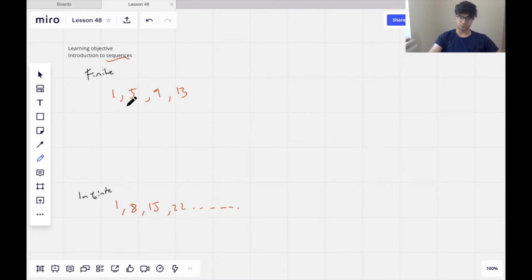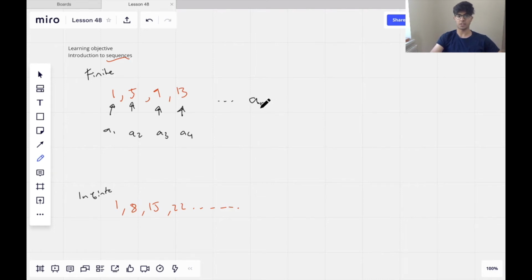So we have this notation. The first term we say is a subscript 1, the second term is a subscript 2, and then same with 3, and same with 4, a subscript 4. And a general term, where you don't necessarily know what position it's in, you could say is a subscript n.